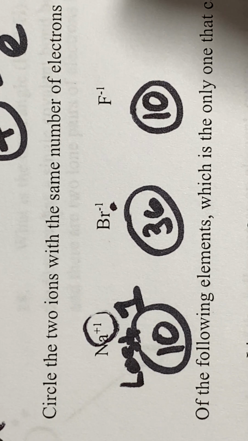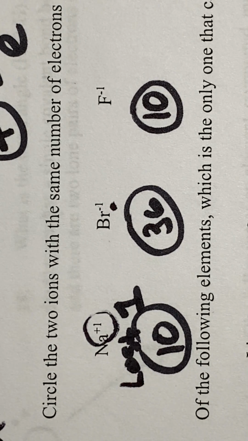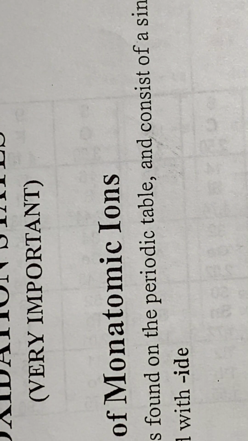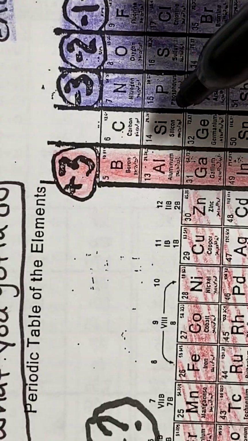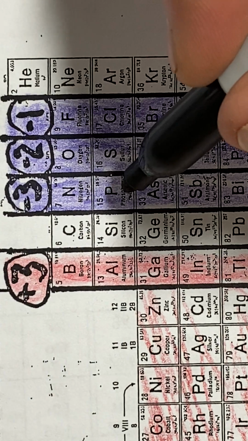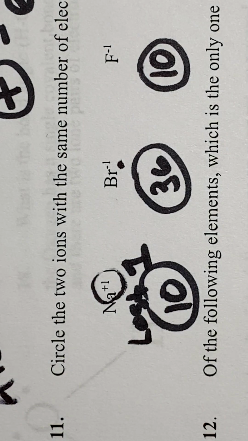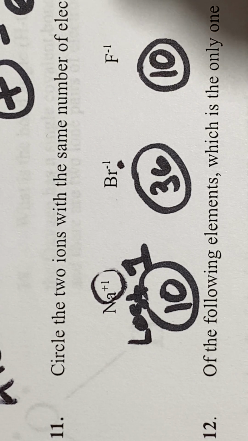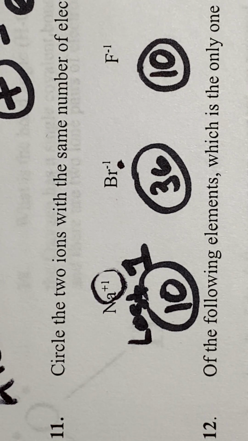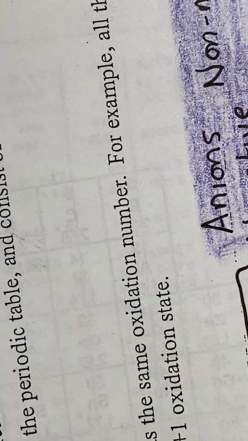There we go. Phosphorus. Phosphorus is a -3. So phosphorus goes from having 15, there's its atomic number 15, that's 15 protons, 15 electrons. -3 means we've gained 3, that's 18. And finally, nitrogen, -3.